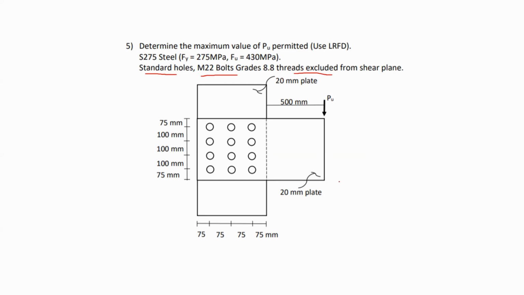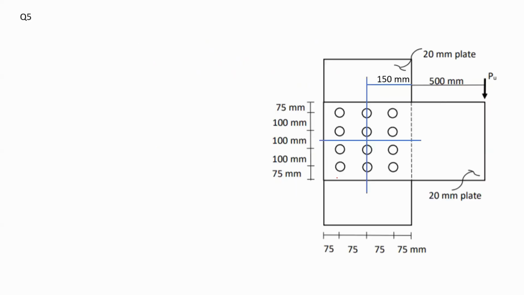The first thing I would like to do is to understand the forces on each of the bolts. So before that, I like to find the centroid of the group of bolts. As you saw, I have 9 bolts. The centroid would be falling in between.